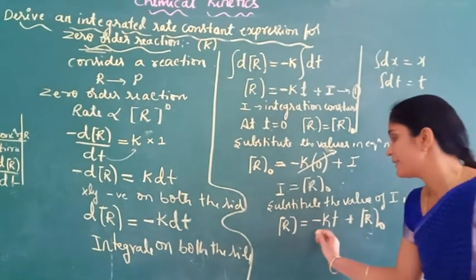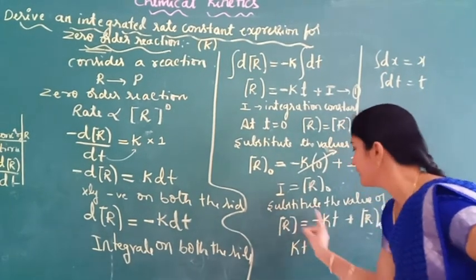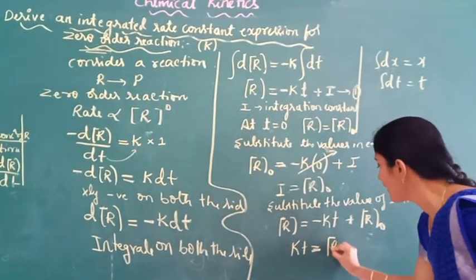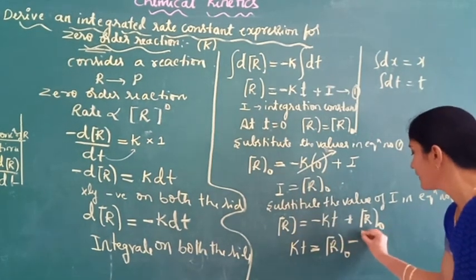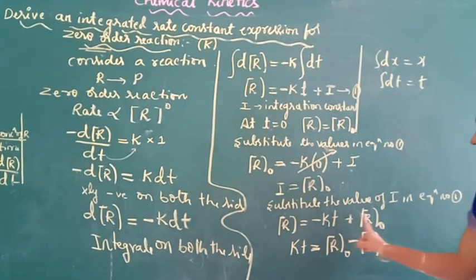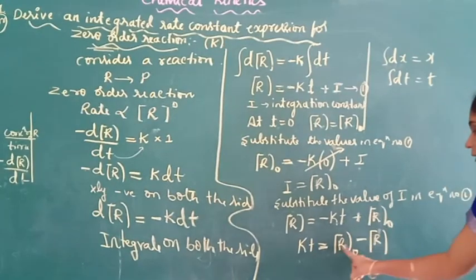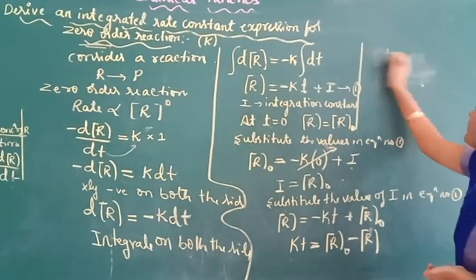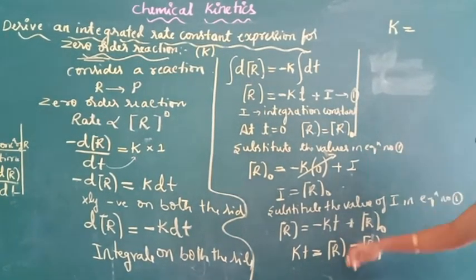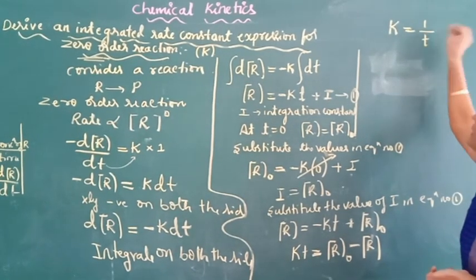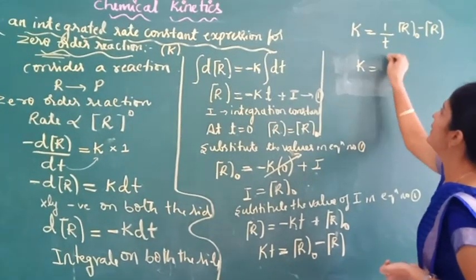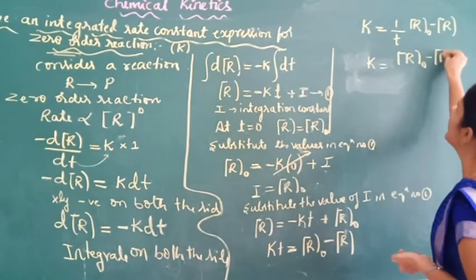Minus kt, taking this to the other side, becomes plus kt, so kt equals R naught minus R. Now take this t to the other side, therefore k equals 1 by t into R naught minus R, or it can also be written as k equals R naught minus R divided by t.